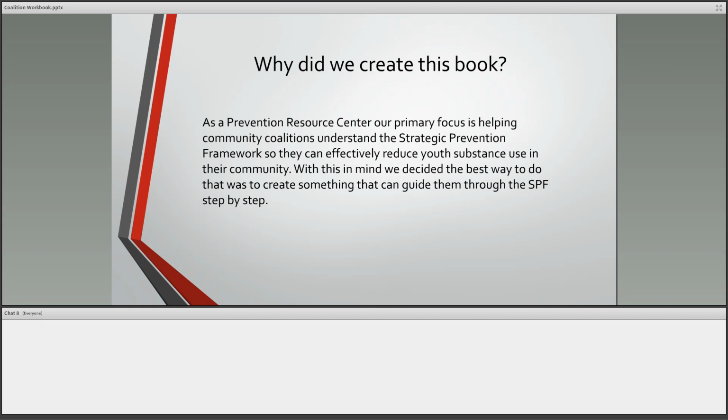So why did we create this workbook? Well, as a prevention resource center, our primary focus is helping coalitions to understand the strategic prevention framework. The strategic prevention framework is a mouthful. A lot of people find it a little daunting.